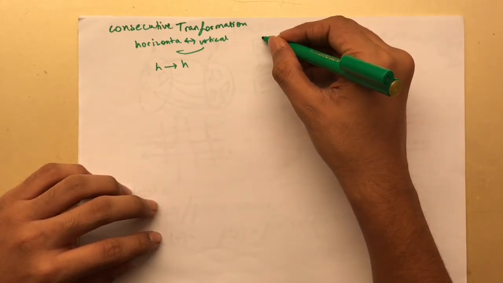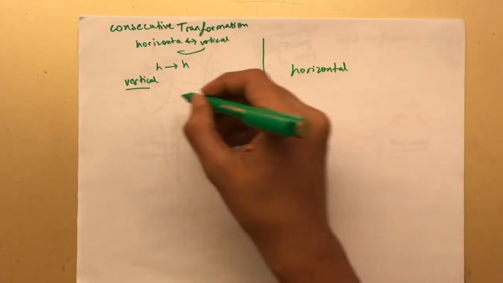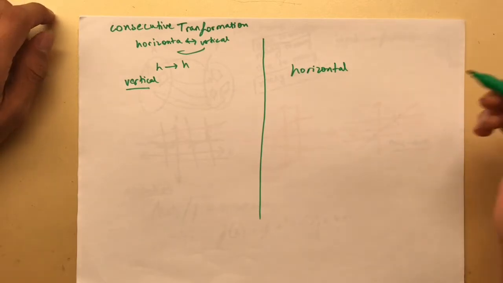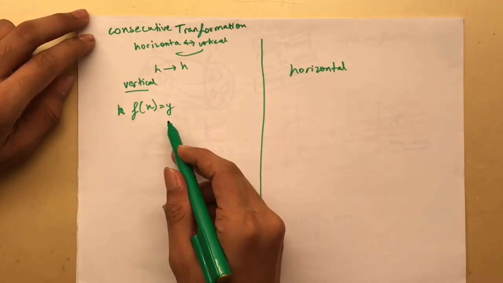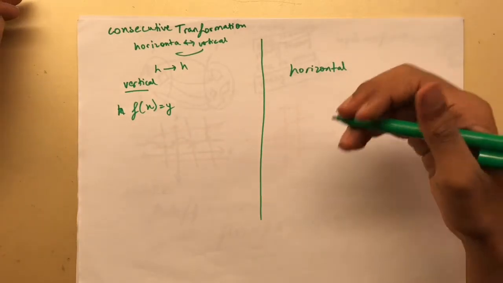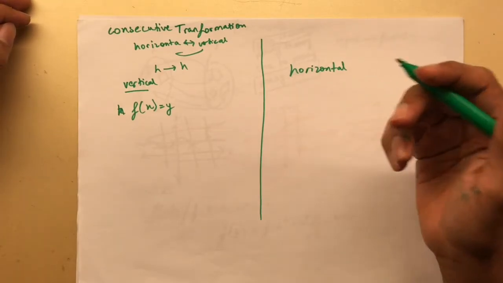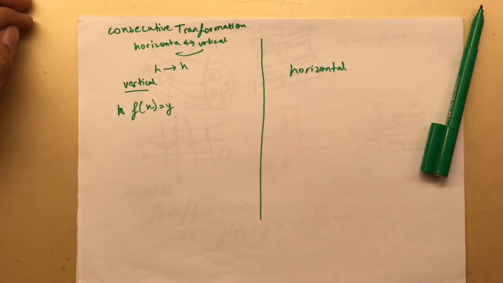Now, one way of trying to separate them: vertical transformations do follow the normal operations of mathematics. So for a vertical transformation y is equal to f of x, let's say I want to stretch it vertically by a factor a, and then move it vertically by a translation factor.